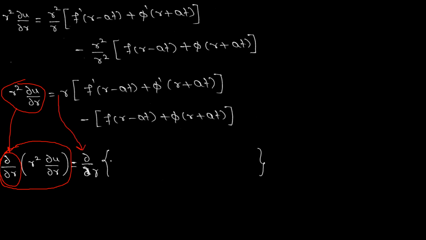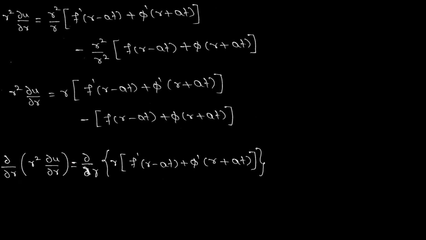Now let us apply this derivative term wise. Dou by dou r of this here, minus dou by dou r of this we write now. Now in the first derivative we need to apply the product rule, you can see, because you have product of two functions.